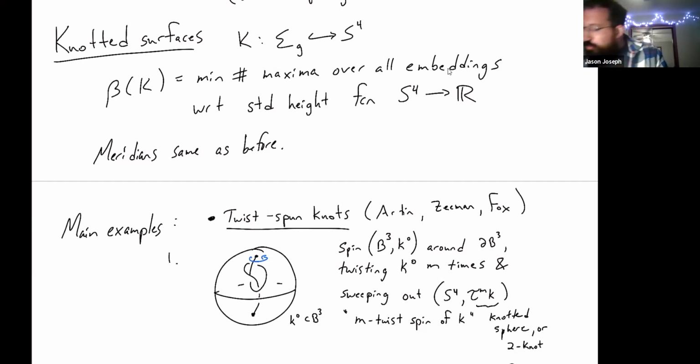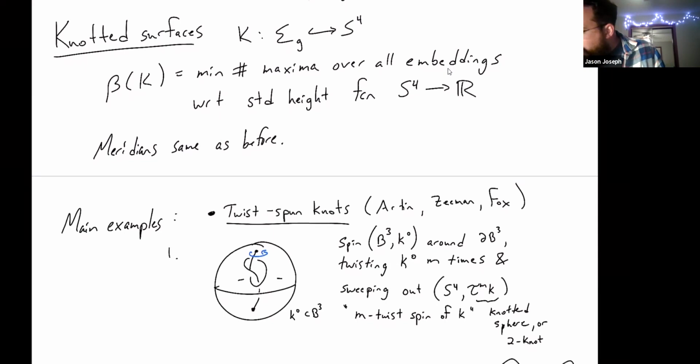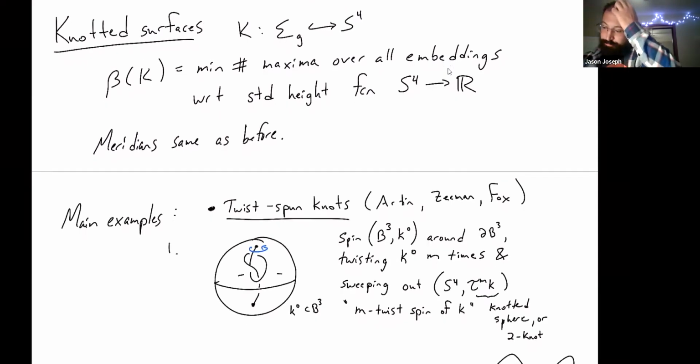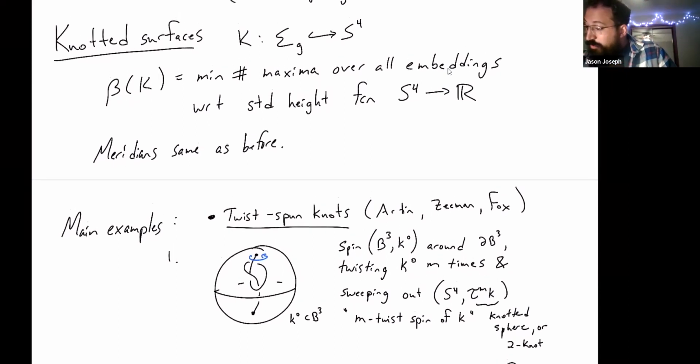So some of the examples, because they're kind of hard to draw, it's sort of better to just define them. Twist spun knots. So Artin introduced spinning, which is where you spin a knotted arc in a 3-ball around its boundary 2-sphere, sweeping out S^4, and that arc sweeps out a knotted sphere, kind of like a jump rope with a little knot in it, and the jump rope is allowed to go through the 4th dimension.